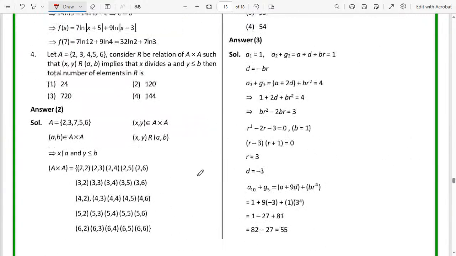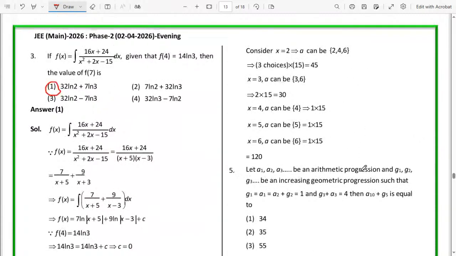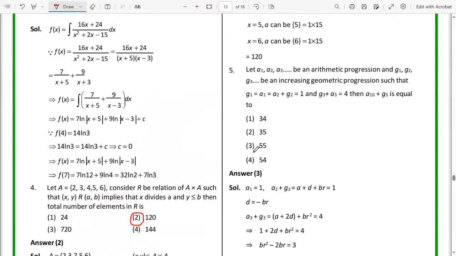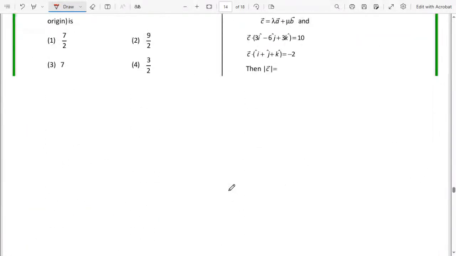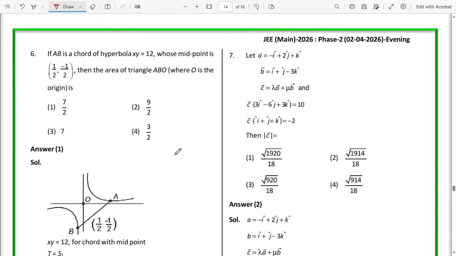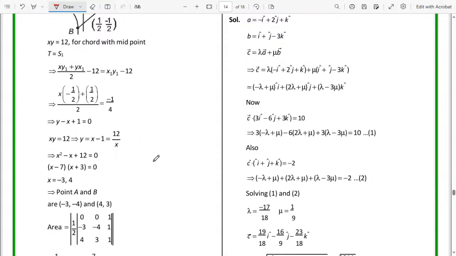Next, question number 4. Answer 2 is the correct option. Question number 5. Option 3 is the correct option. Question number 6. Option 1, 7 by 2, is the correct option. Solutions are given here. Please go through for detailed understanding.